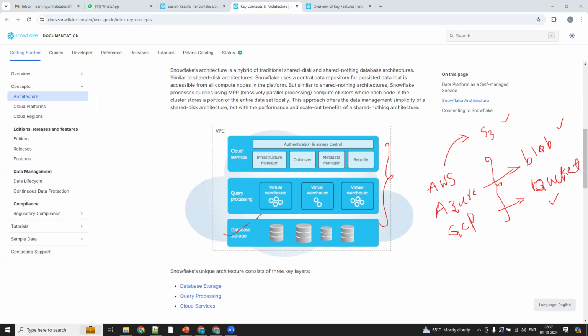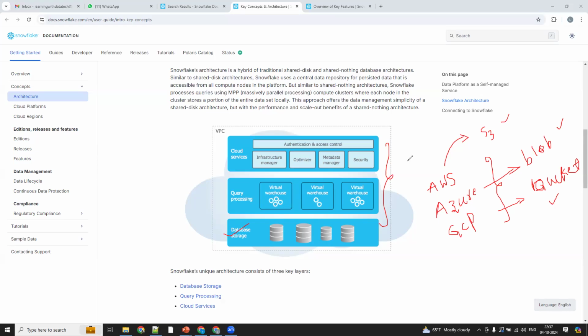Snowflake does not have any dedicated database and they don't have any dedicated data centers. They're depending on the public clouds called AWS, Azure, and GCP, and they're storing in S3, Blob, and buckets. Indirectly, your Snowflake data is stored in these three buckets, depending on the cloud that you choose.